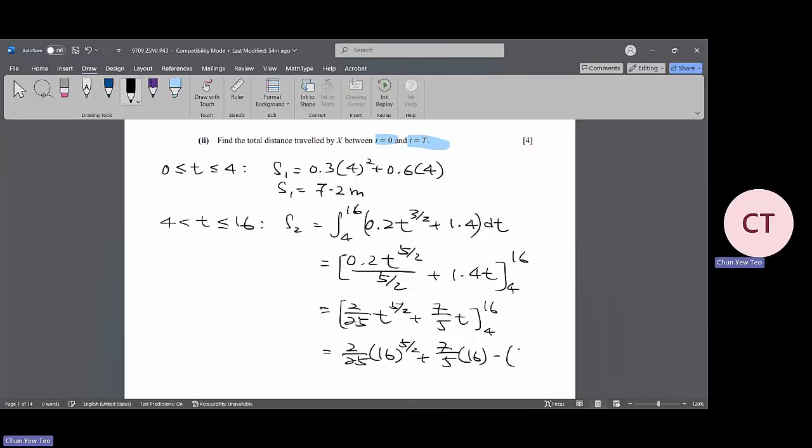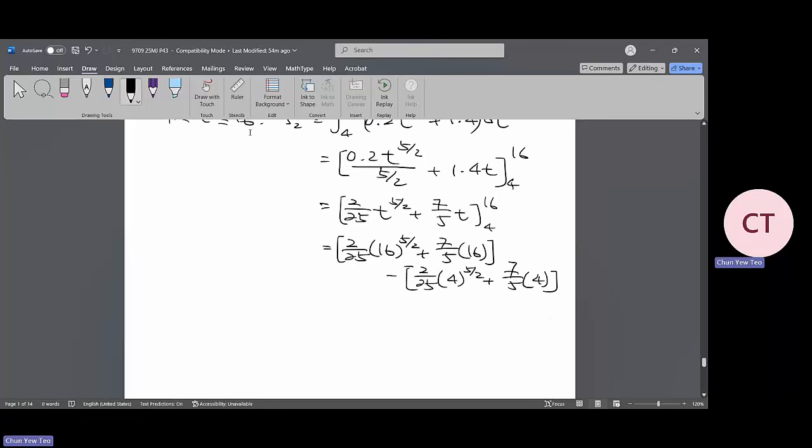You put the 16 inside, and after that you put the 4 inside and subtract. Then you just need to press the calculator. Then you will get 96.16 meter. That is your S2.